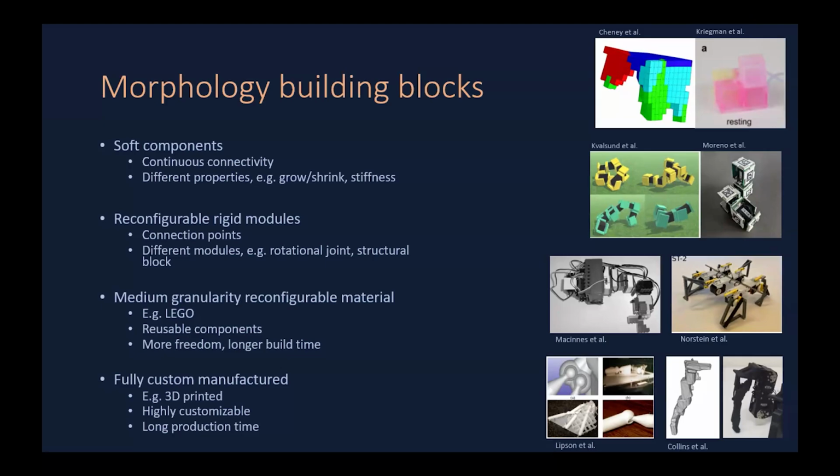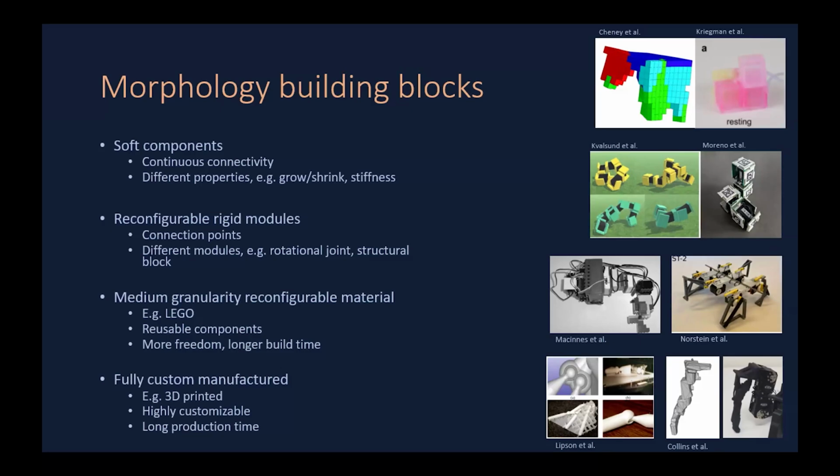You could say that modular robots are coarse-grained, reconfigurable substrates. But people have also been looking at, for example, Lego as building blocks. So it's maybe a more medium-grained reconfigurable substrate, because you can do more intricate designs. It takes a bit more time to build, maybe, but I think it's an interesting type of platform.